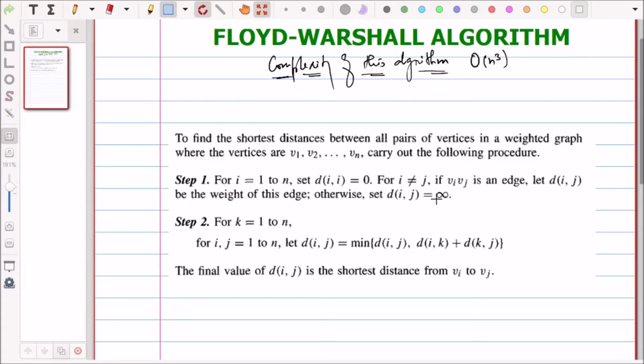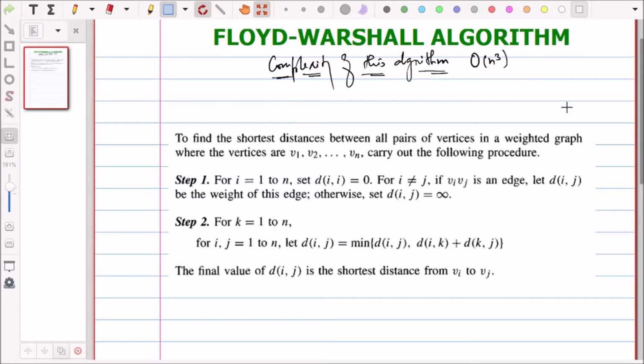It is similar to forming an adjacency matrix, but with an additional condition that instead of taking 1, we take the weight of the edge, and instead of taking 0, we take infinity. If two vertices are not adjacent, then we put infinity at that place.